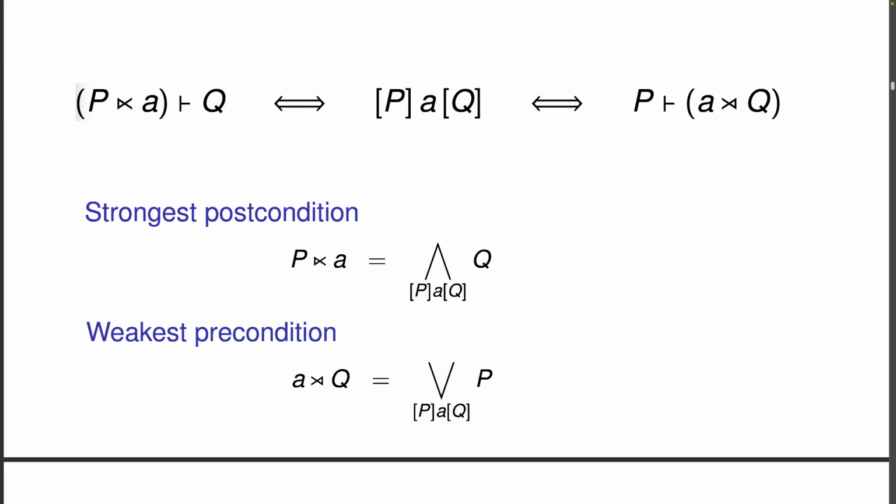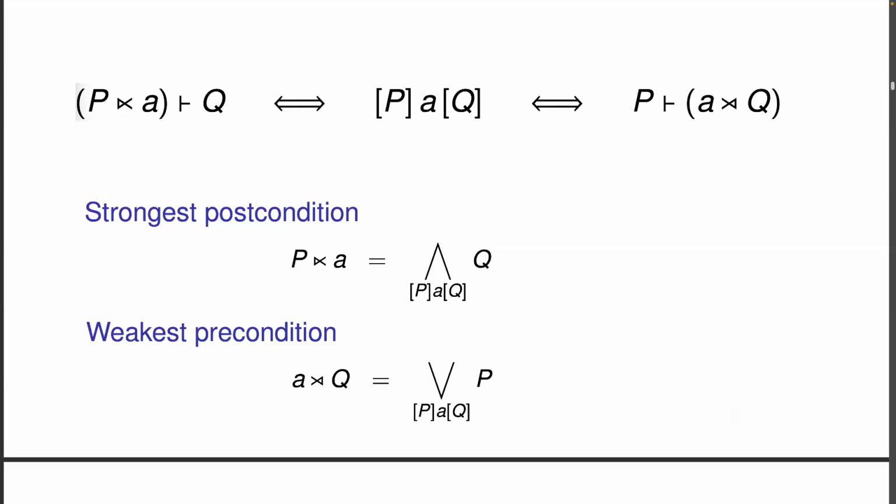So there are two modalities, post A and pre A. The strongest postcondition, P post A, is the conjunction of all postconditions of P and then running A. So basically, the strongest postcondition is all things taken together which hold after I run A, after the assumption P. I don't know how to avoid saying after twice.